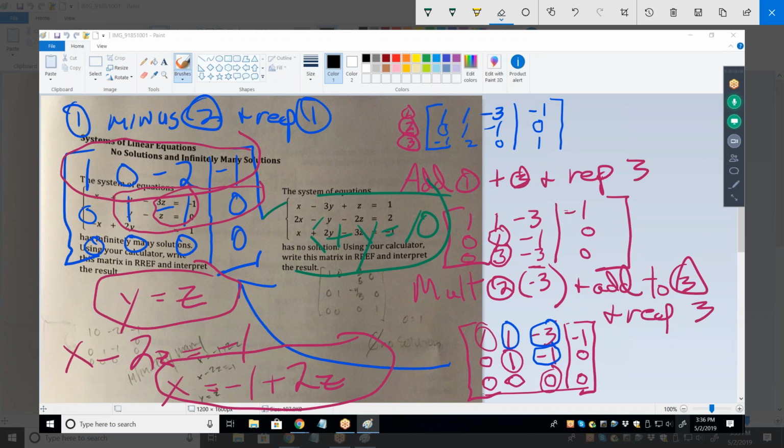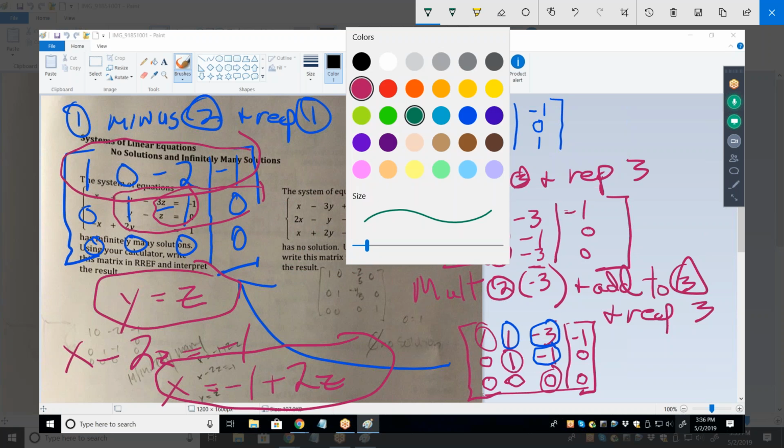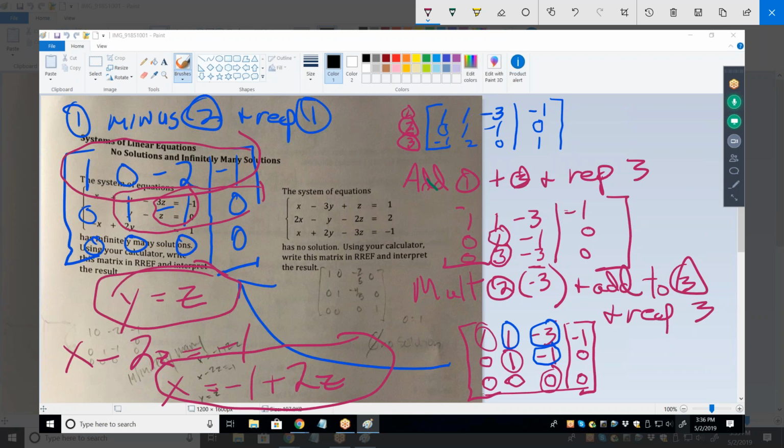Because whenever you have one more variable than you have equations, you have infinitely many. And that's what we have here. In other words, we have 2 equations, but we have 3 variables, x, y, and z. Yes, sir.